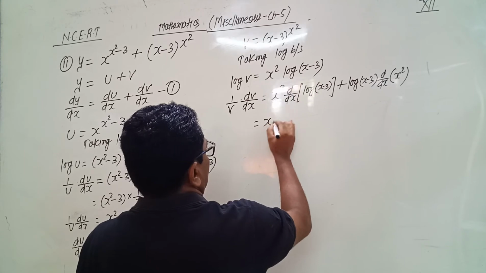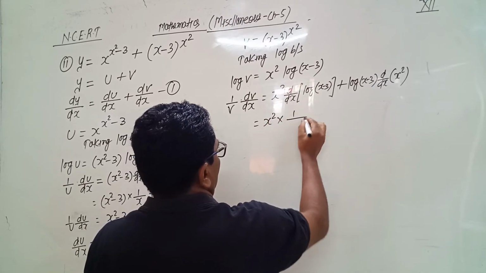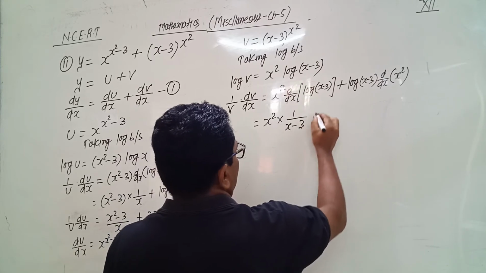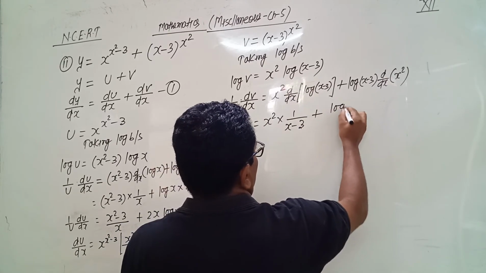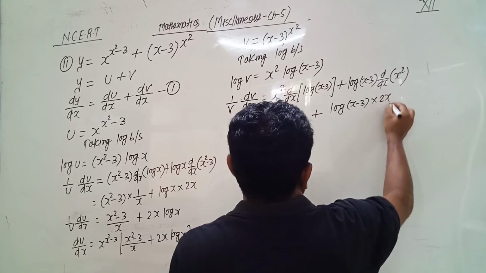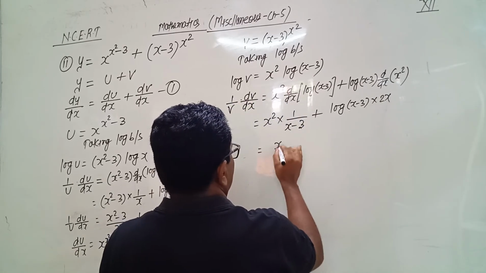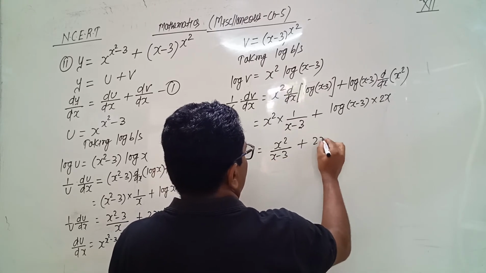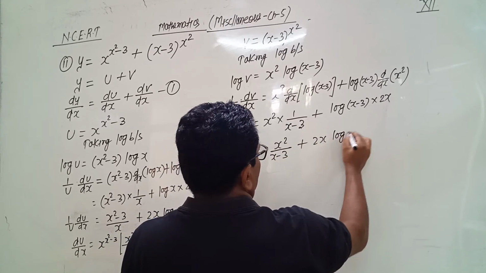So we get x square into 1 by x minus 3, the differentiation of log x minus 3, plus log x minus 3 into 2x, the differentiation of x square. We get x square by x minus 3 plus 2x log x minus 3.